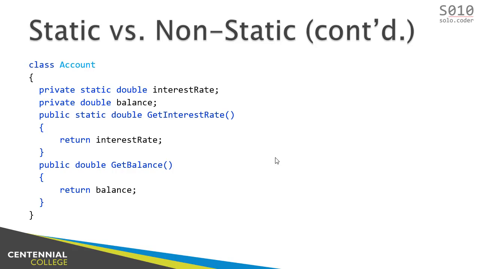However, if we want to get the balance, it only makes sense if it's your balance, my balance, then we need an object for that. So for general information that is not object driven, we have static methods.